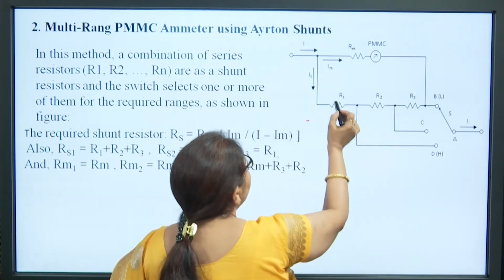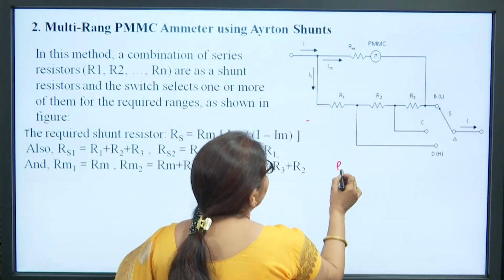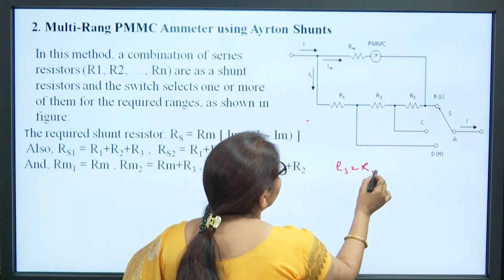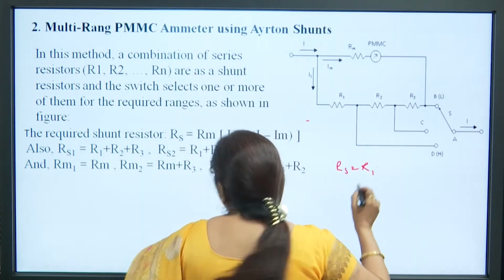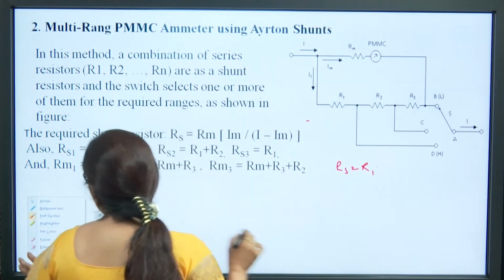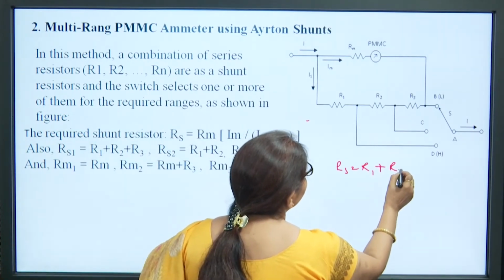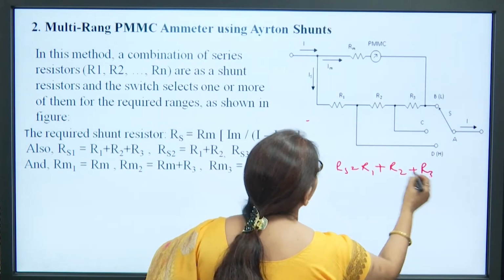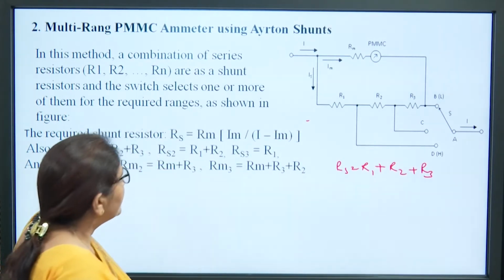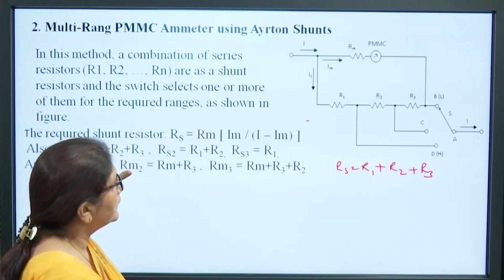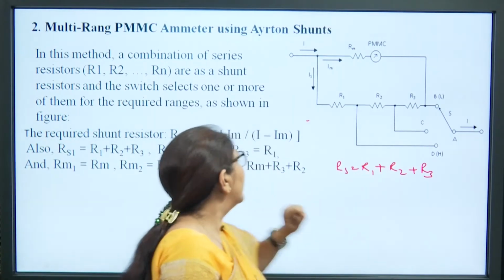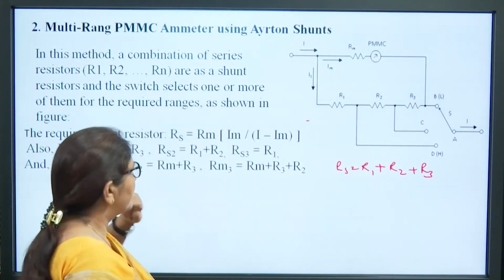So, Rs1, the first shunt resistance when the switch is at the first position, is R1 plus R2 plus R3.